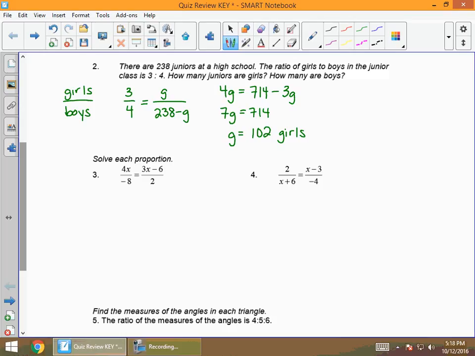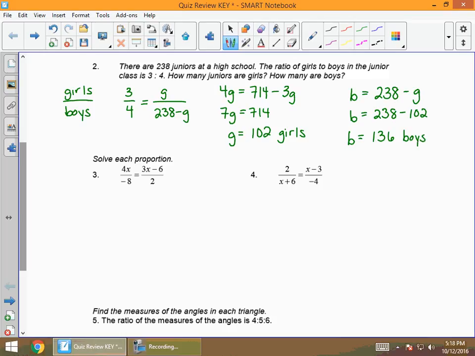Now, how do I find the number of boys? Well, boys, B, are equal to 238 students minus the number of girls. So that means boys are 238 minus 102, which is 136 boys.